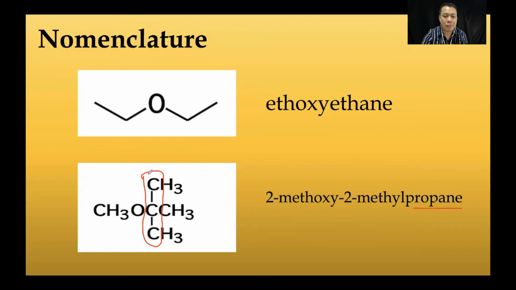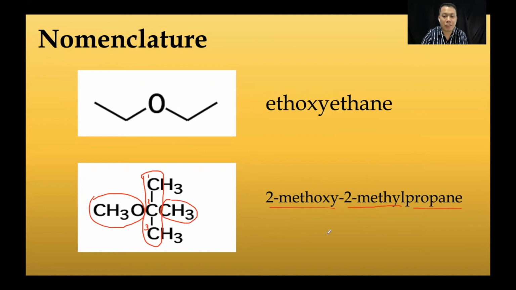So let's say, for example, you have here 1, 2, and 3. Then that's why you have here 2-methoxy. So this is the methoxy group. That's the OR. And then you also have here the methyl substituent, which is 2-methyl.